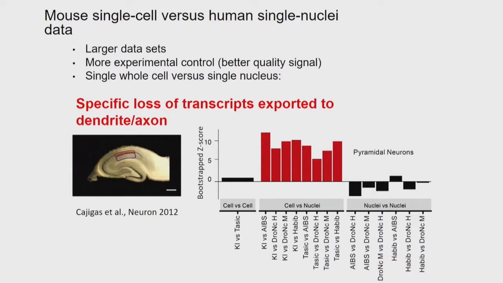For our analysis, this is very unfortunate, because the transcripts that go out to the dendrites and axons are heavily enriched for schizophrenia signal. These are the synaptic genes, etc. This is consistent across all the studies that we compared. And again, if you compare nuclei to nuclei, you don't see this difference.